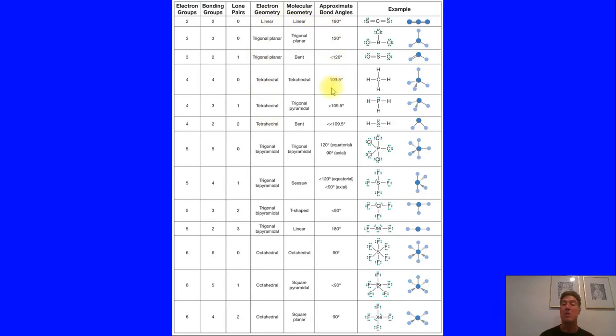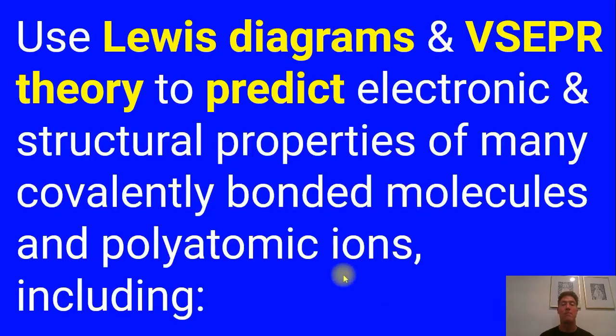It's also helpful sometimes to know these approximate bond angles. If you're good at visualizing, you can get them, or bring balloons. Anyway, just know the basic bond angles and the difference between electron geometry and molecular geometry.